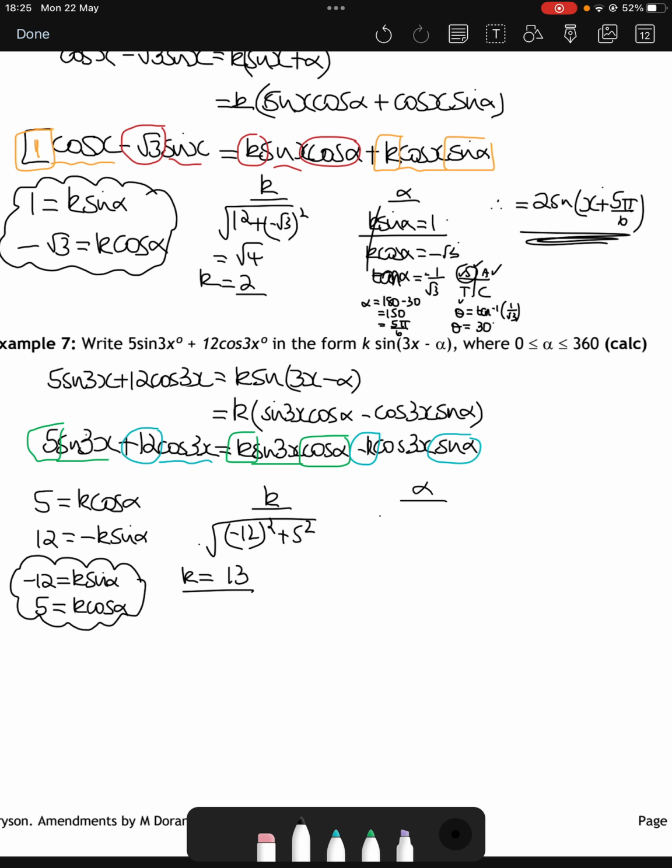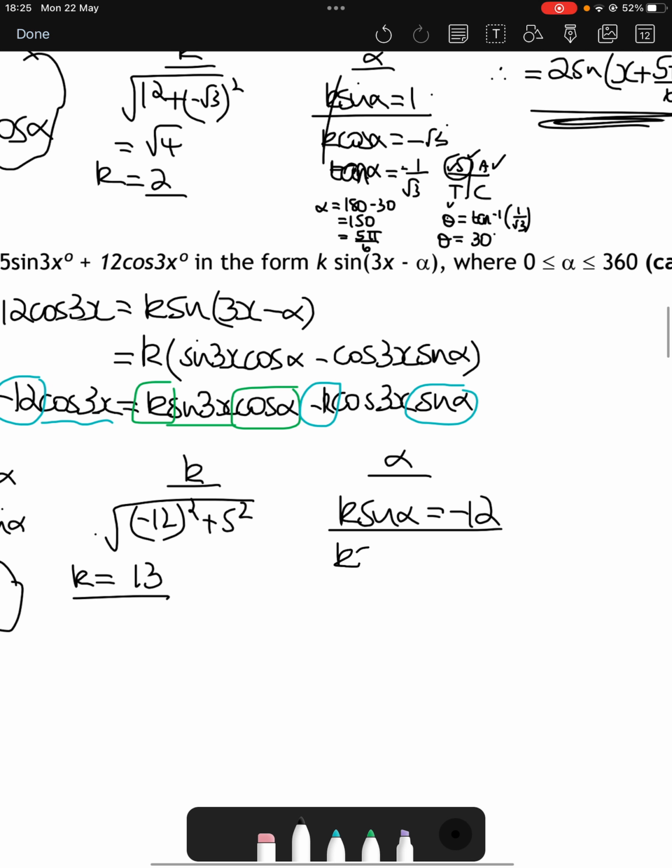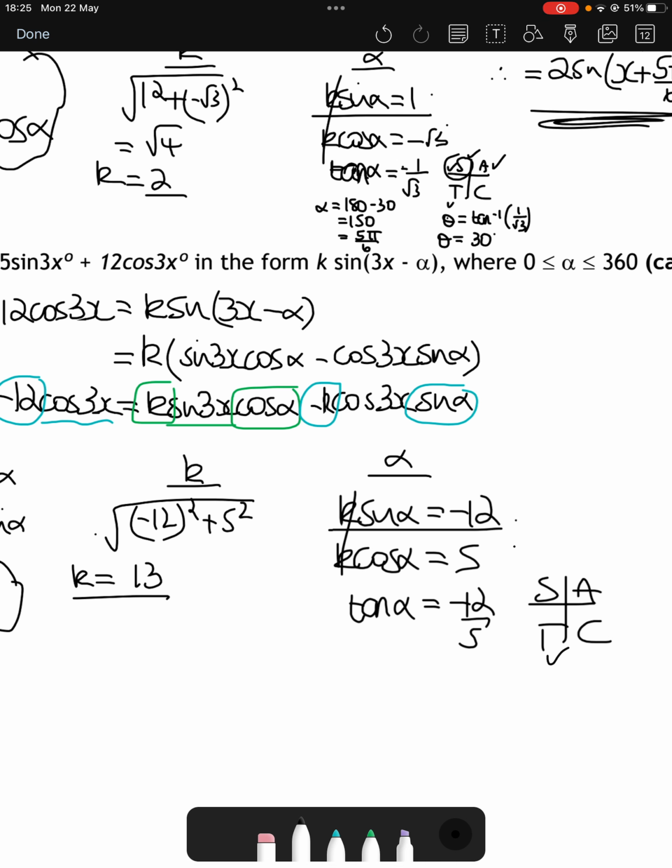So what we got, k sine alpha is negative 12 over, zoom in a bit, k cos alpha is 5, they cancel, tan alpha is negative 12 over 5. Okay, go back to your two steps here. So sine is negative there, and cos is positive there and there.